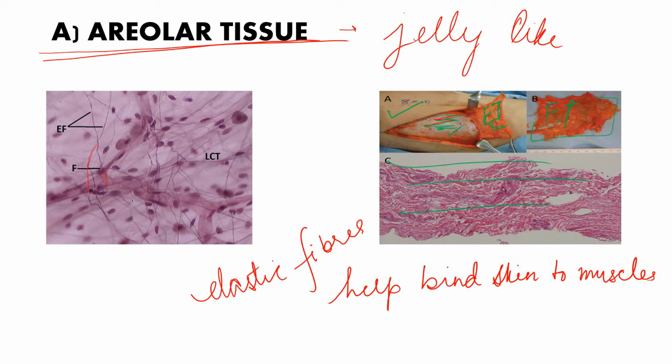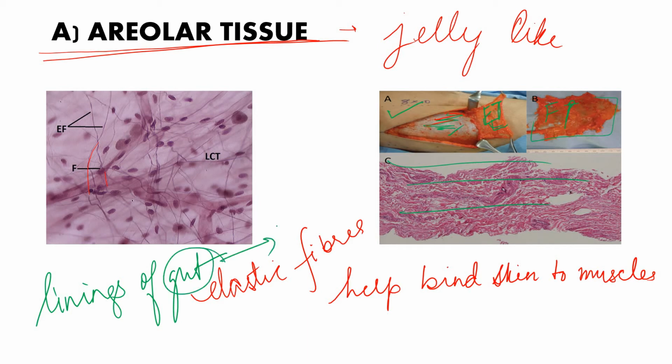And where are they found? They are basically found in the linings of the gut region. By the way, it's now your duty to find out what the word gut means. We always say it's my gut feeling. So which part of the body is known as gut?